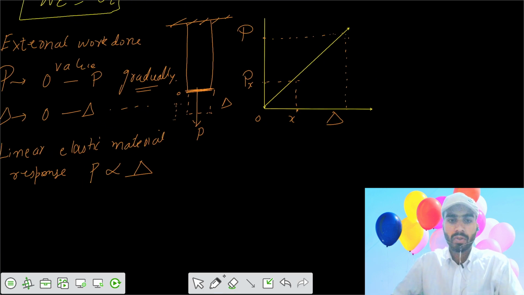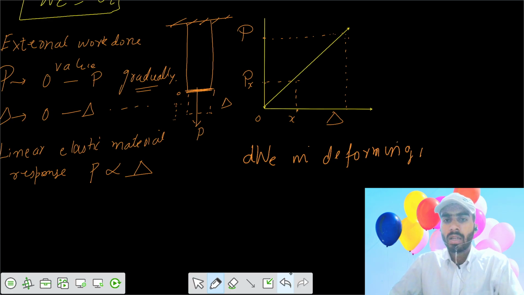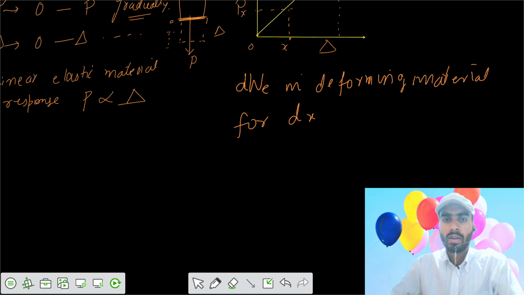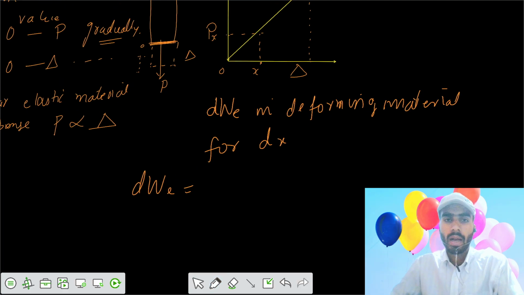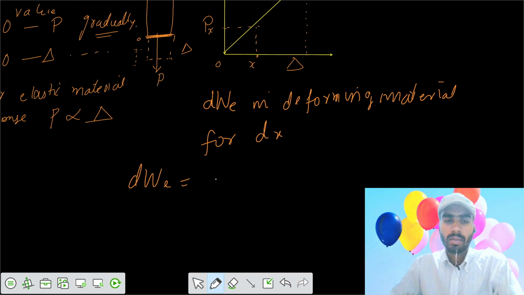Similarly, the small external work done in deforming the material by a small dx equals the area under the curve, Px times dx.